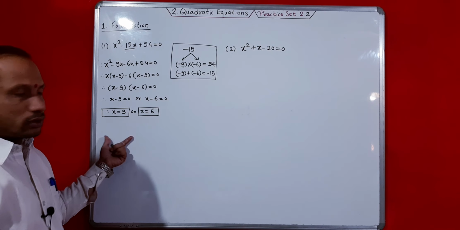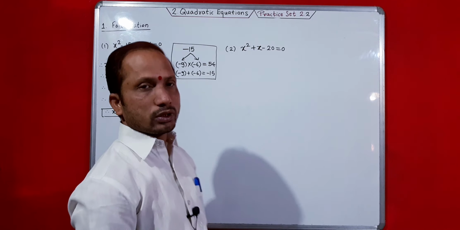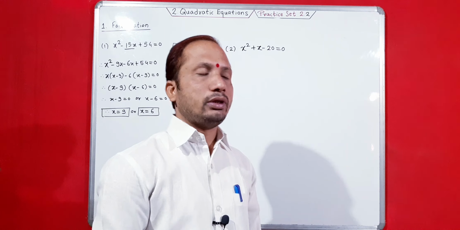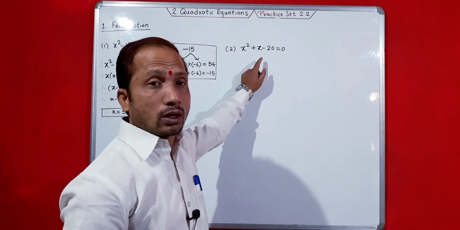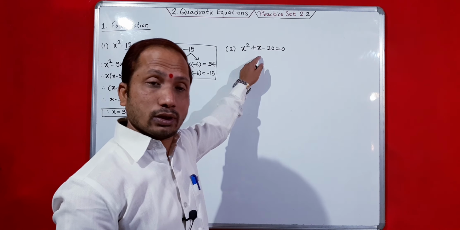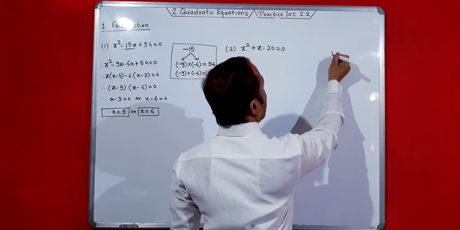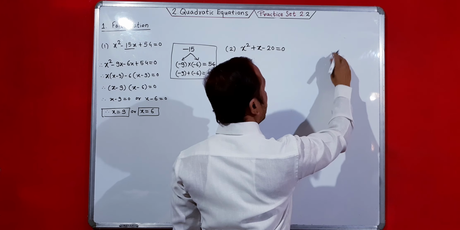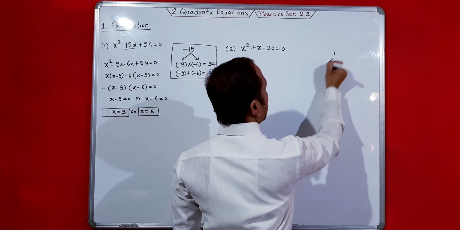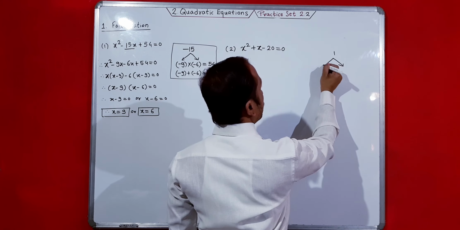Okay, so this is first, and come to second. X square plus x minus 20. We need the product minus 20 and we need the addition plus 1. So we have to factorize. There is no number, which means there is 1. This 1 you have to factorize in such a way that its product should be minus 20.